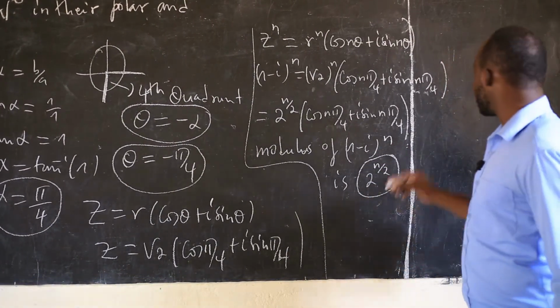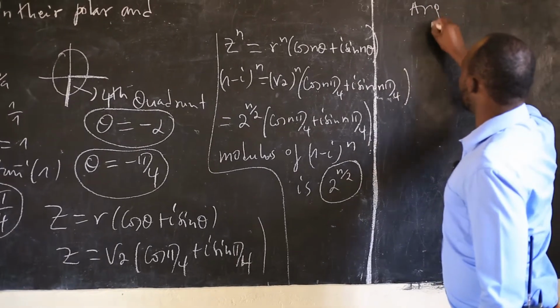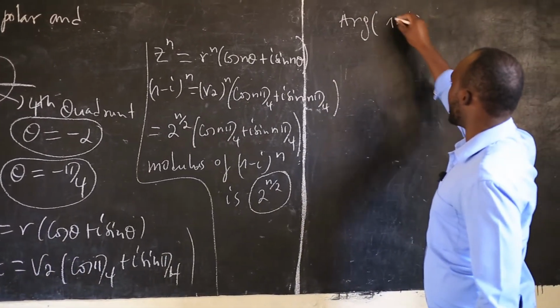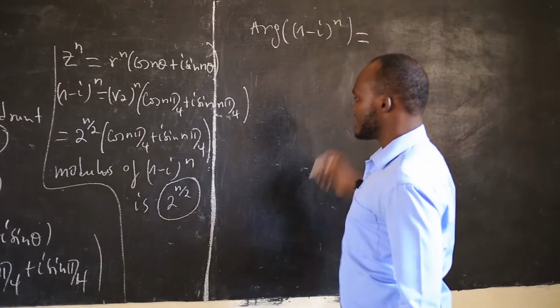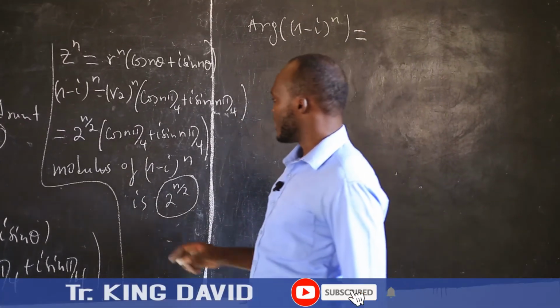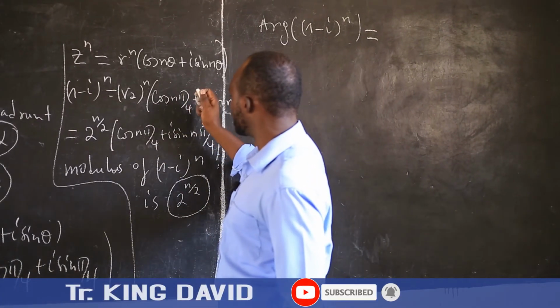So then what is the argument? The argument of (1 minus i) power n: this is supposed to be minus.